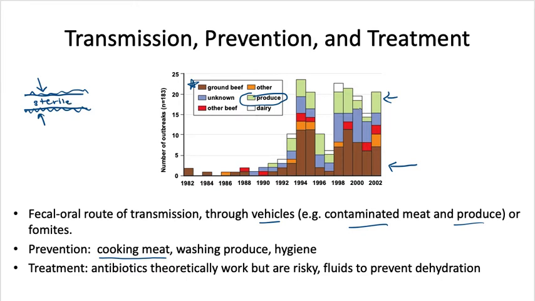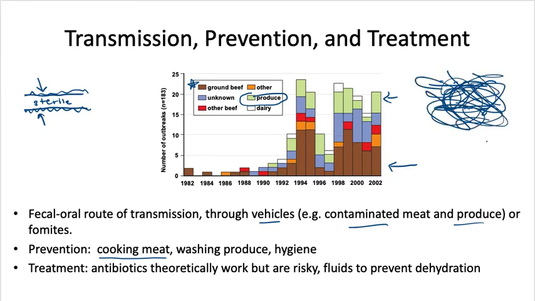But when you have ground beef, you take a piece of meat where microbes are only on the outside and the inside is sterile, but then you grind and mix it all up. So in ground beef, microbes are all the way through. So if you're eating a hamburger, you want to make sure you cook it thoroughly all the way into the middle.